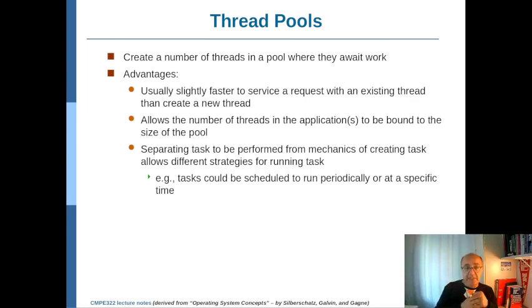This way, as I said, the number of executing threads will be bounded, will be under control. Also, this way we are separating the task to be performed by the thread from the mechanics of managing the thread, creating the thread and then destroying it, whatever.